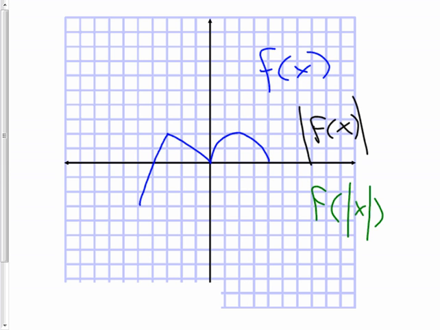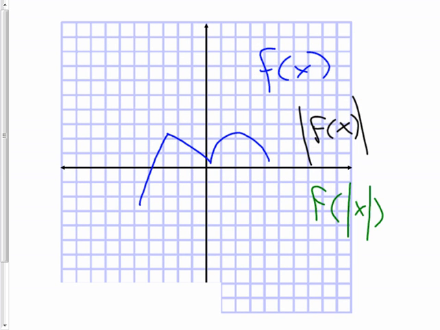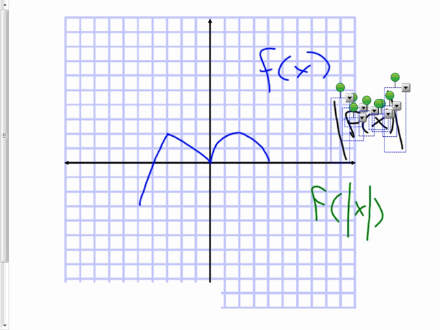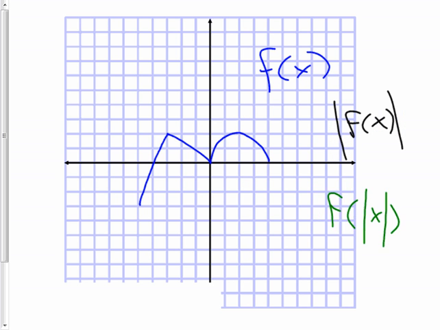Now, give it your best shot to tell me what the answer to the black one is. The black one, the f of x, where it's absolute valuing the whole thing, and the green one, where it's absolute valuing just the x. One of them wipes out the y's that are negative.